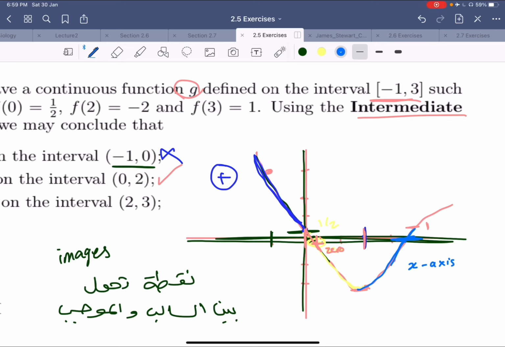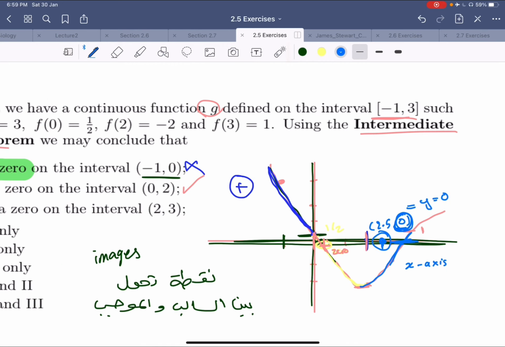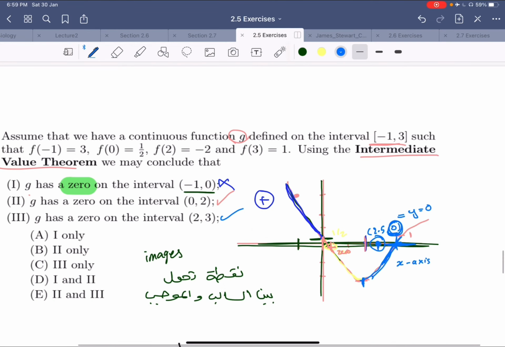Anything over the x-axis مثلا هاي رح تكون 2.5 و 0. تمام، فعنا ال y equals 0. تمام، which هاي بسموها zeros on the interval. So هذا الجواب كمان صح، إنه بين ال 2 وال 3 في عنا 1 x which passes through the x-axis. So الجواب will be 2 and 3 which is E.